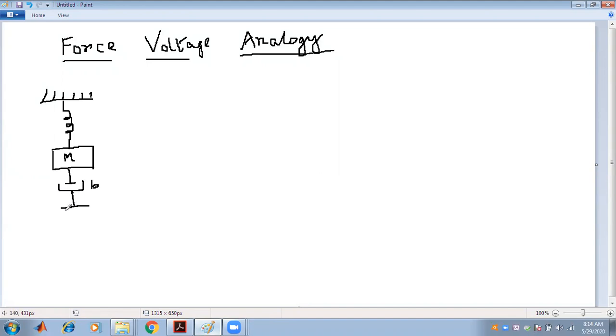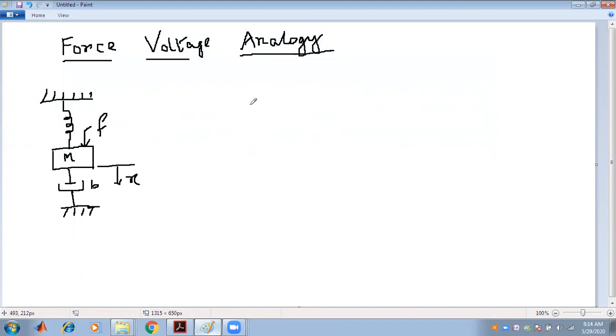The mass is generally present to give the inertial forces, and the spring is used to provide the restraining forces. There is a displacement X, and the force F is applied to the system.